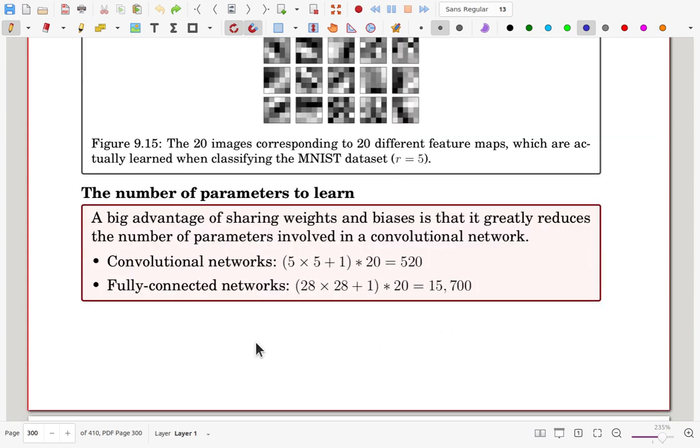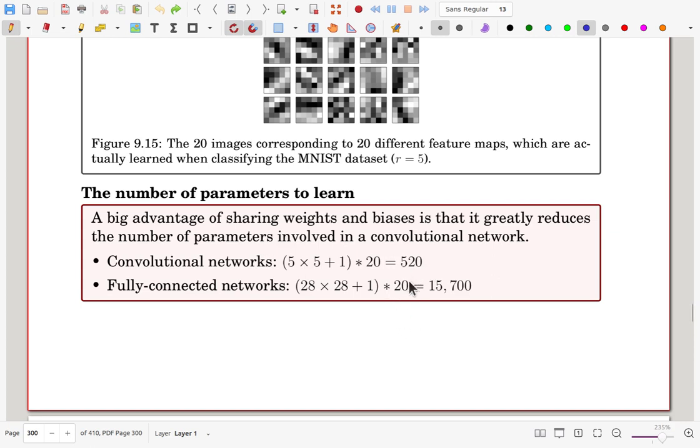Okay. Here, the big advantage of sharing weights and biases is that it hugely reduces the number of parameters involved in a convolutional network. For example, here we can compare in this way. In a convolutional neural network, each feature map requires training a convolutional filter, 5 by 5, and a bias, and with 20 features, the whole thing is 520.